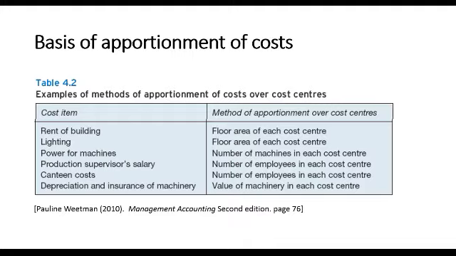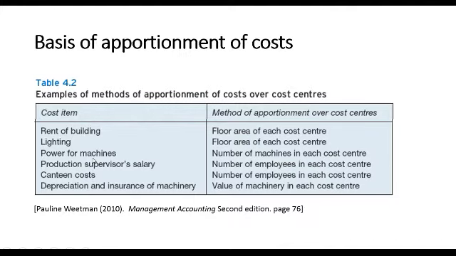In order to help you, I have reproduced a table from Pauline Wheatman's management accounting textbook where the common methods used to apportion indirect costs are given. For example, rent of buildings uses the floor area of each cost center. For lighting, again floor area. However, if volume is known, I think that is a better basis of apportioning a shared cost.